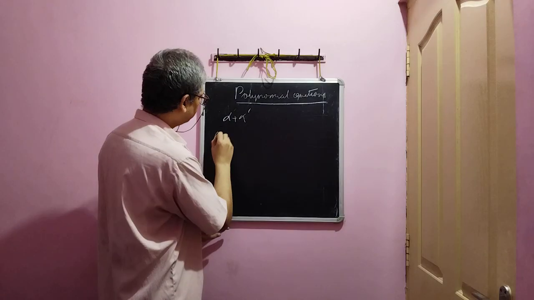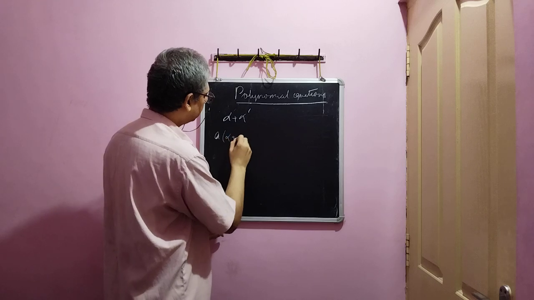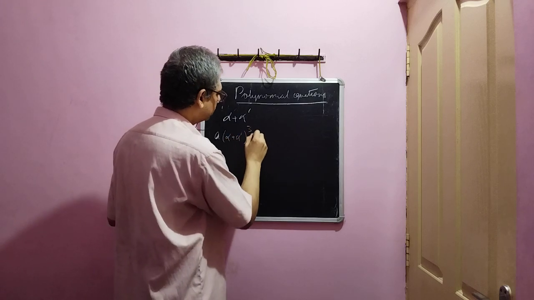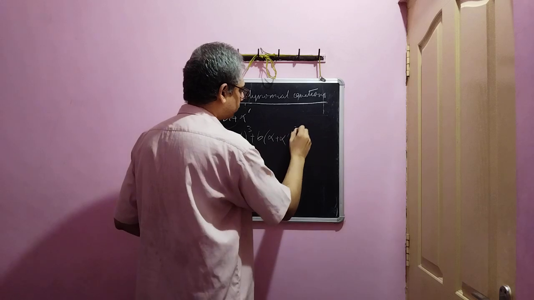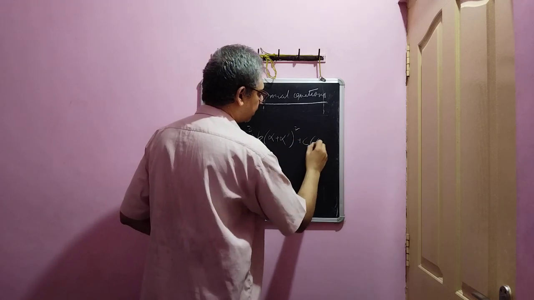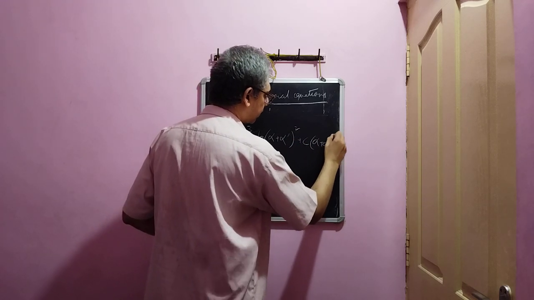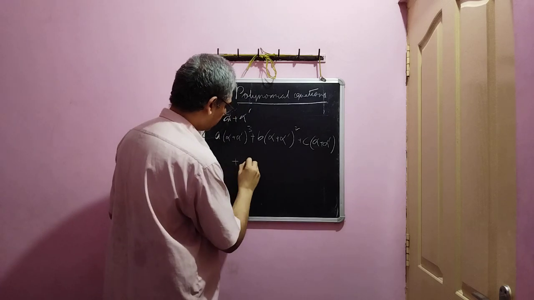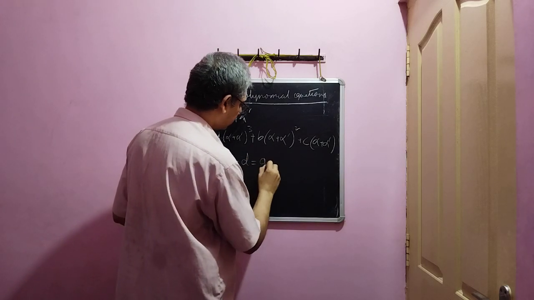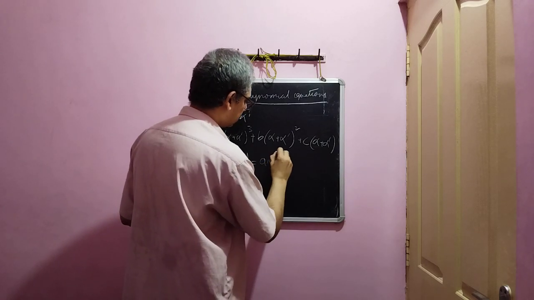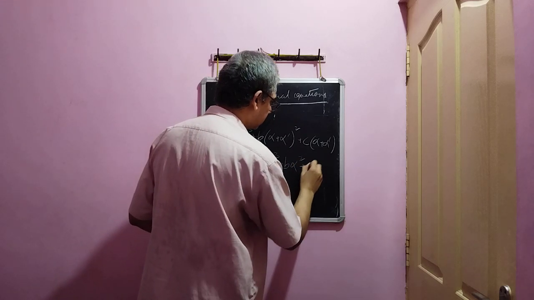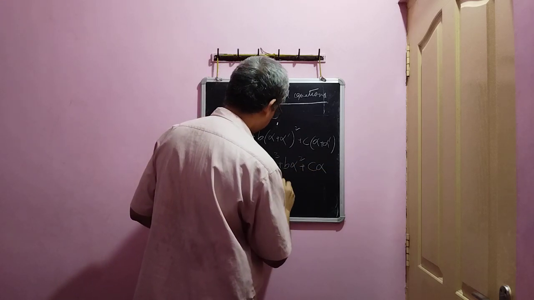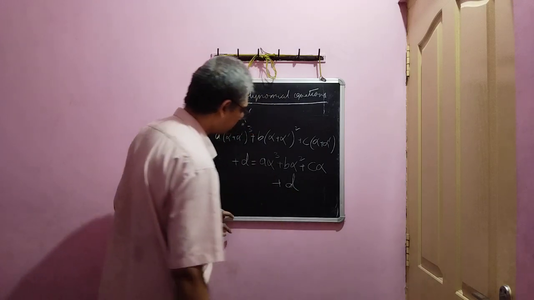Then we require a times (alpha + alpha dash)^3 plus b times (alpha + alpha dash)^2 plus c times (alpha + alpha dash) plus d is equal to a times alpha^3 plus b times alpha^2 plus c times alpha plus d.